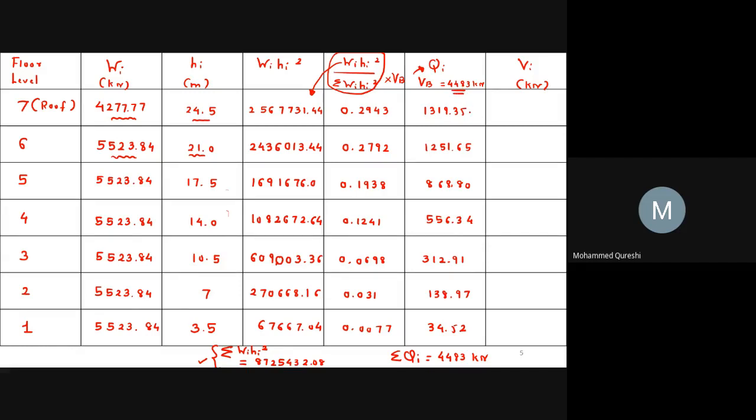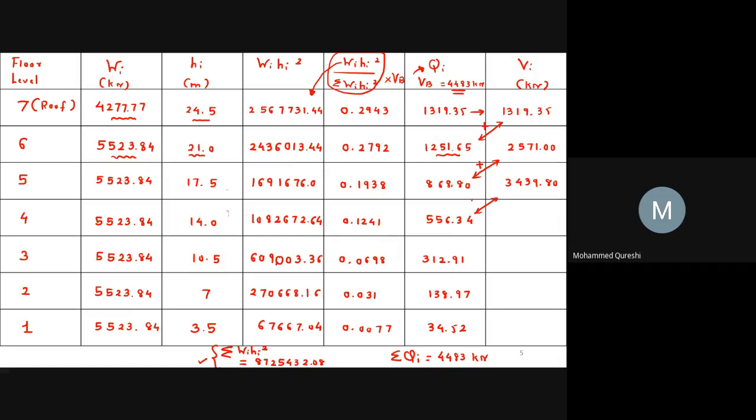Now for shear force, we will write this value here, 1319.35. Then by cumulative, we have to add this value with 1251.65. So you will get 2571.00. Similarly, we have to add 868 with 2571. So we will get 3439.80.